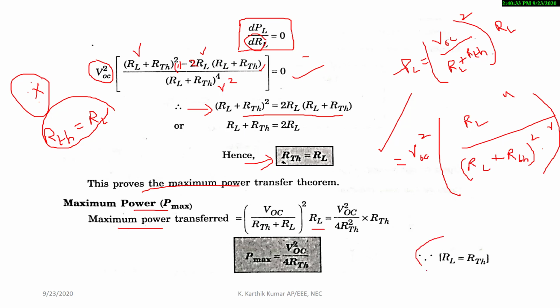Here we apply RL equal to RTH. Therefore, we get P max equal to VOC squared divided by 4 RTH, which is the maximum power.